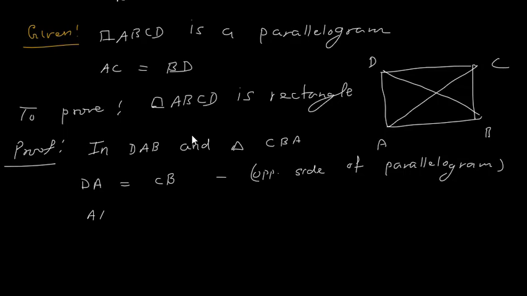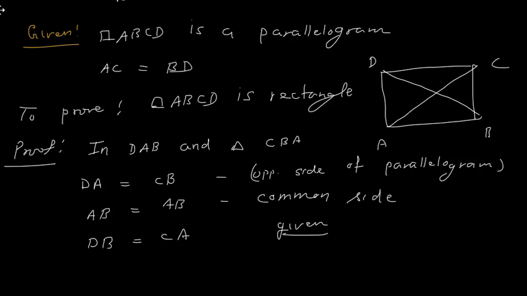Now AB is equal to AB. This is the common side, and AC is equal to BD. So BD first I will write, DB is equal to CA, given.